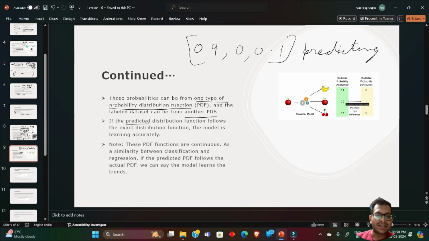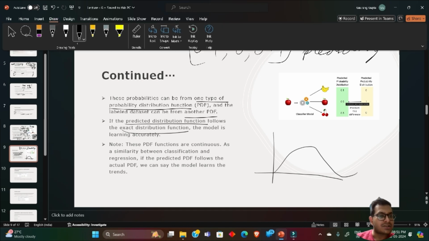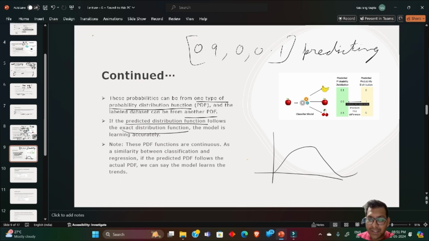So if the predicted distribution function follows the exact distribution function, for example, let's suppose your input data had a distribution like this, and let me change the pen so that you can see clearly. Let's suppose your output which was predicted also follows the same thing, or you can say same distribution function. Then we say that this is a very accurate model.